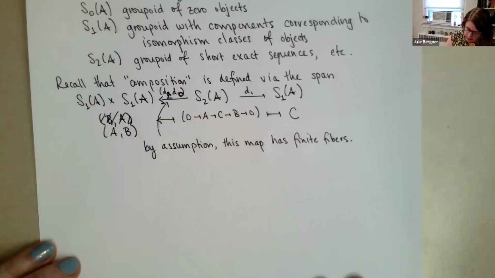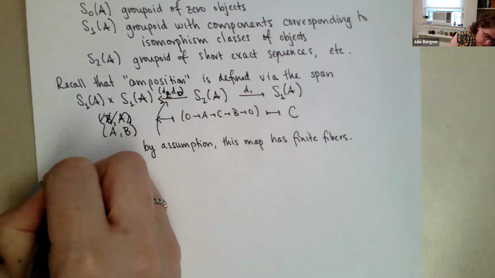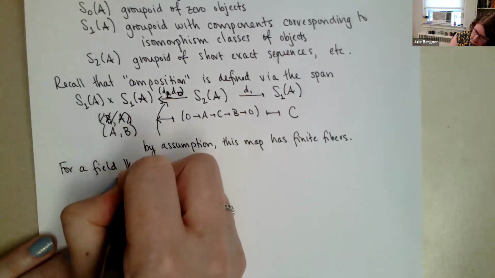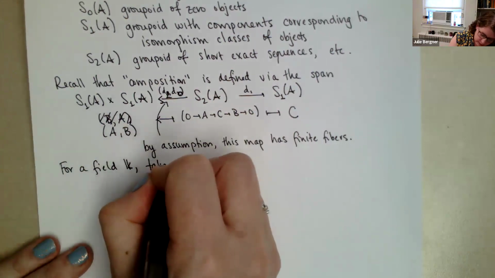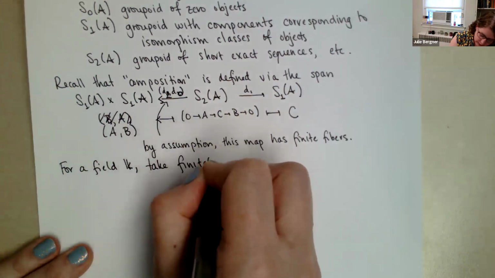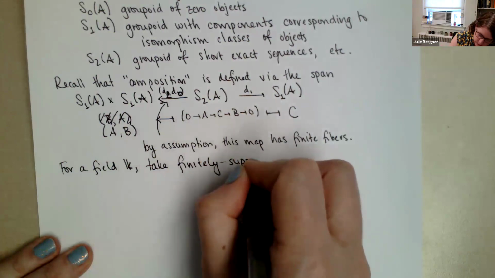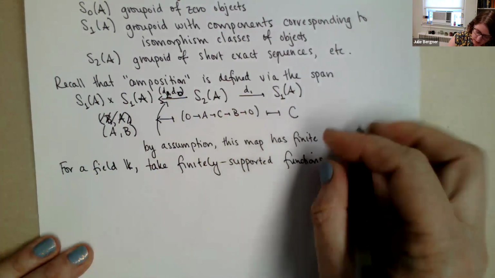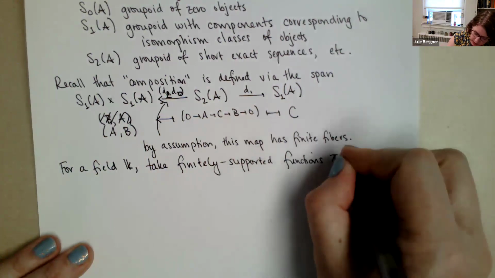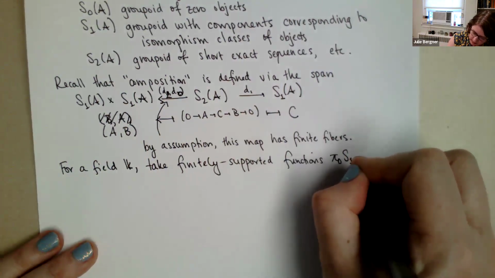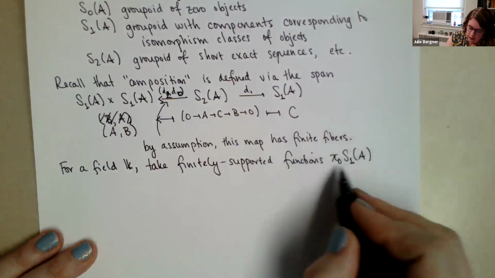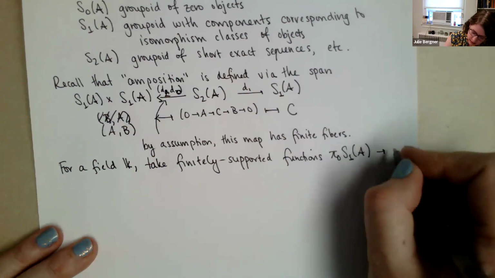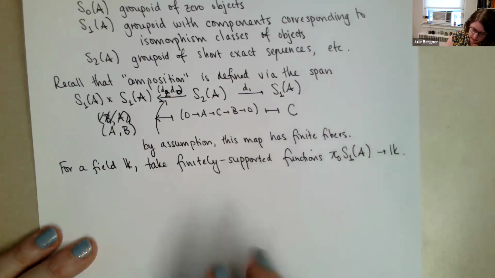So this is starting to look kind of like our Hall multiplication. If we take a field K, we're going to take finitely supported functions from pi 0 of S1 of A, so this is just your isomorphism classes of objects, to the field itself.